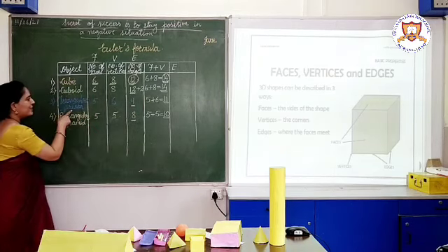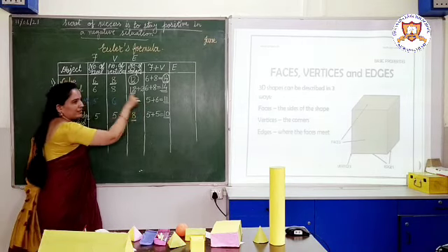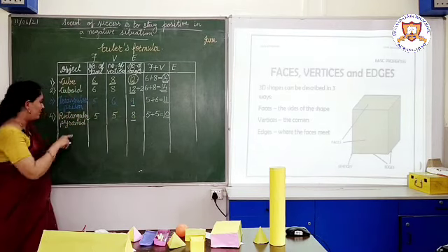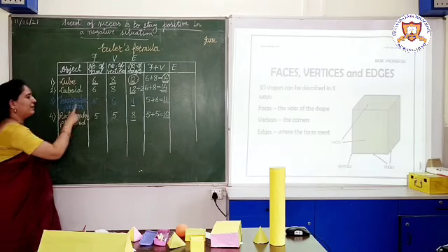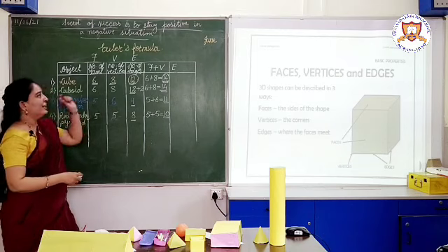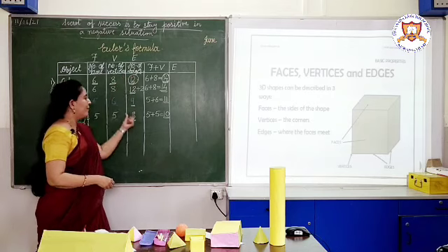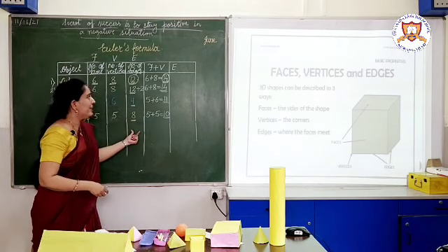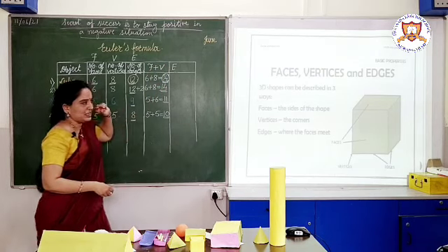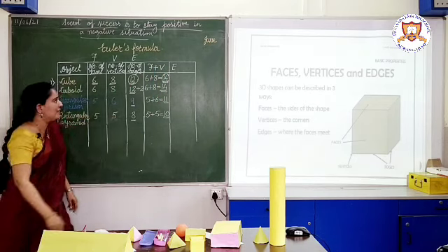Same thing goes for the prism: 9 plus 2, it is coming 11. In the same way, if you add 2 to 8 for the rectangular pyramid, it is also coming 10. Means what pattern are we getting? If we add 2 to the number of edges, we get the sum of faces and vertices.